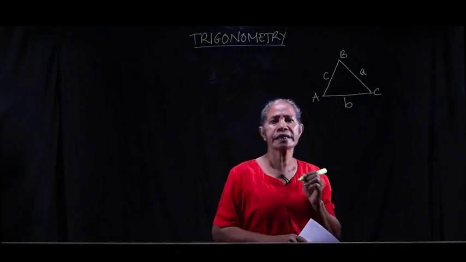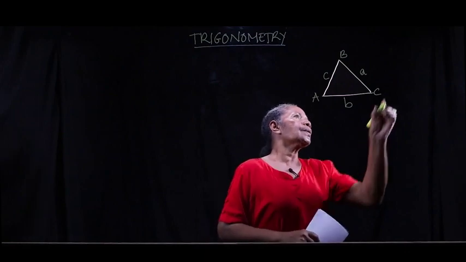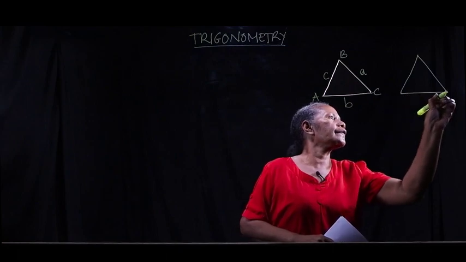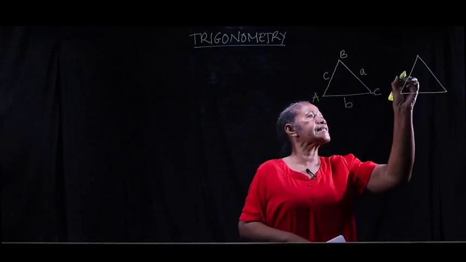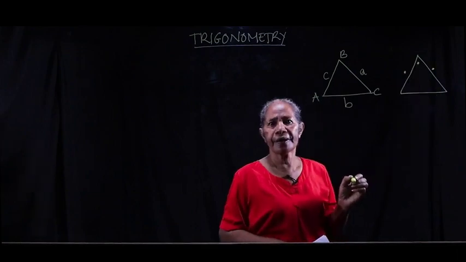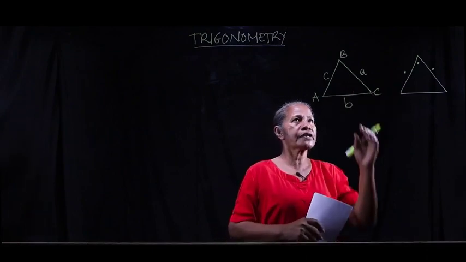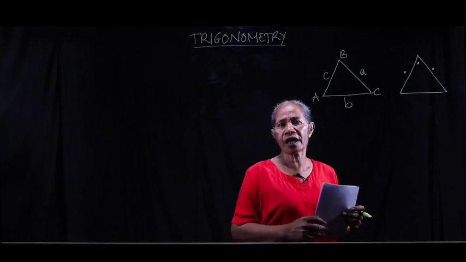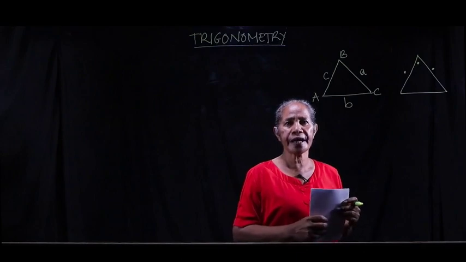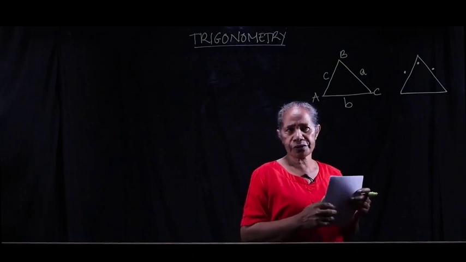For the missing side using the cosine rule, we need a triangle with two sides and an included angle, meaning the angle is between the two given sides. Using this conventional labeling, we are now going to come up with the cosine rule that we will be using to find the missing side and the missing angles for a non-right angle triangle.